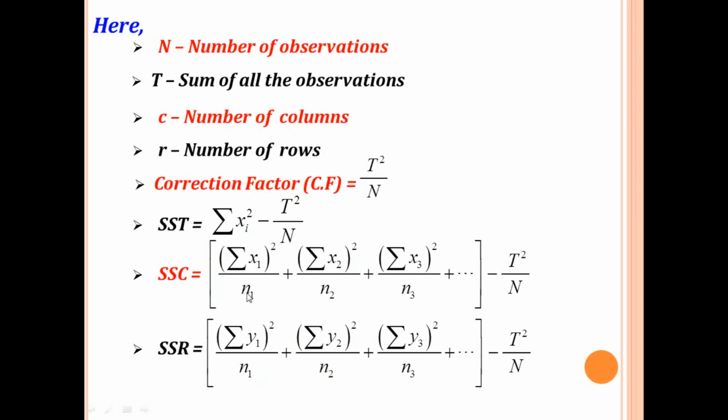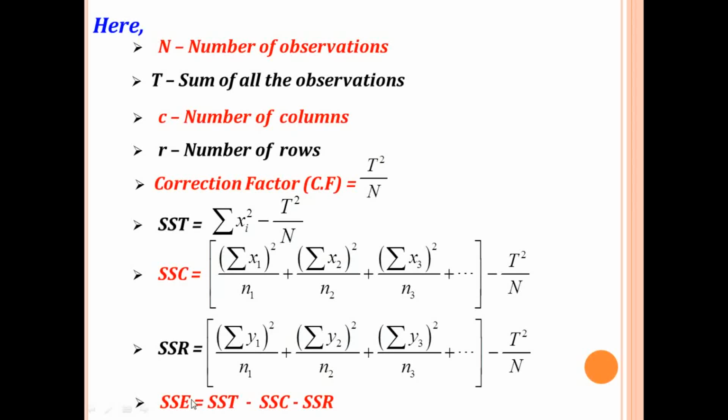So this n1 and the earlier n1 are not equal. If you add column wise you get some different numbers, and if you add row wise you get different values n1, n2. But all of these are sample sizes: one is the sample size column wise, and this one is the sample size row wise.